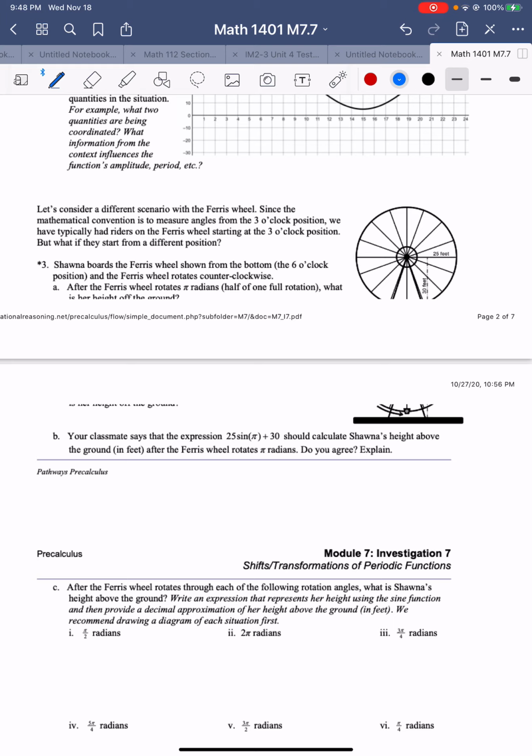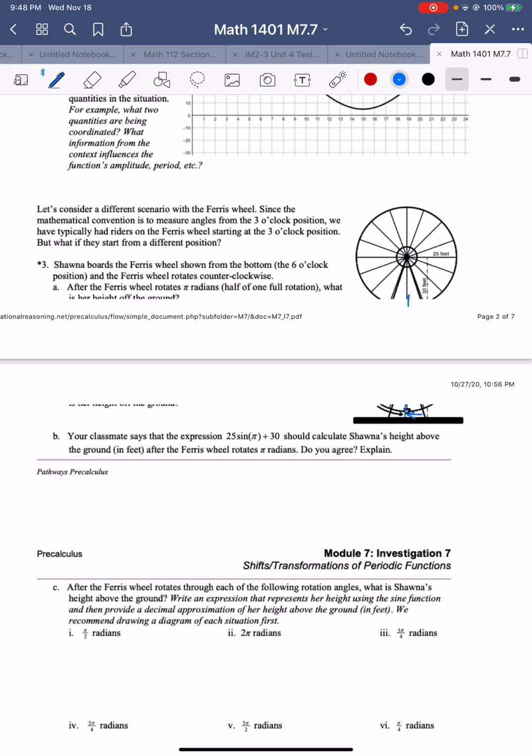So number 3, Shauna boards the Ferris wheel from the bottom, which is 6 o'clock. So here, she's riding on here.